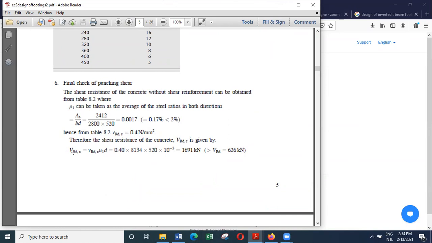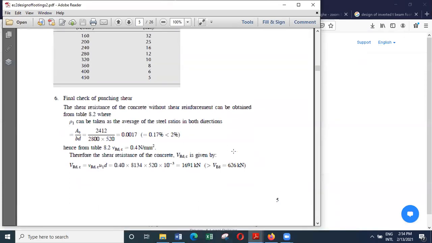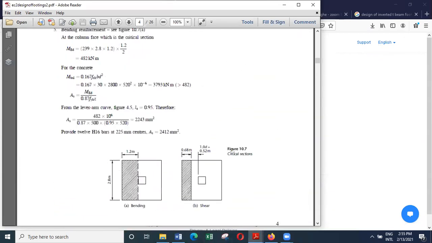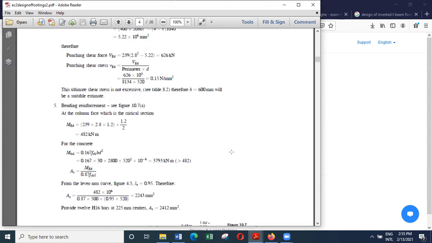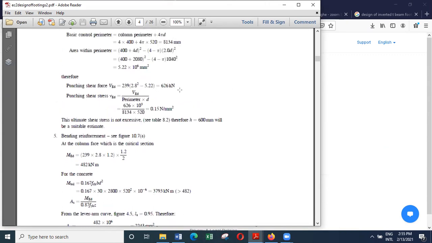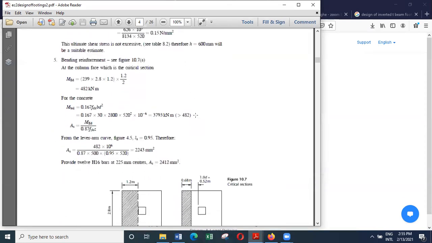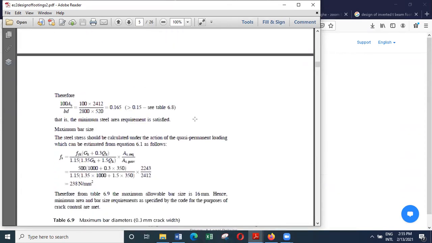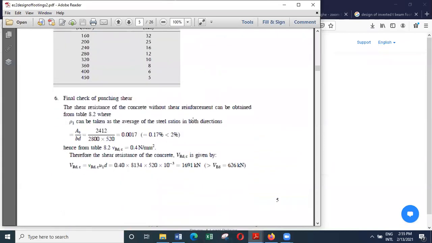So the punching shear resistance will be 0.4 multiplied by ud, and that will give a value of 1691 kilonewtons, whereas the punching shear force we have calculated earlier is 626 kilonewtons.